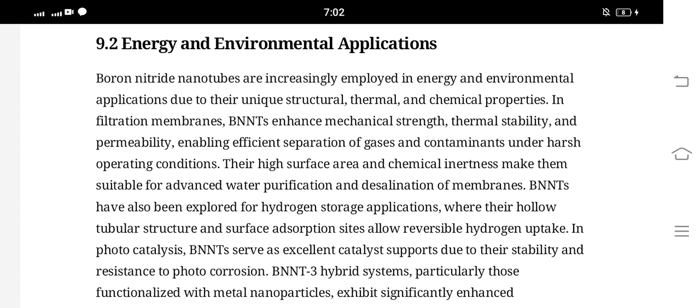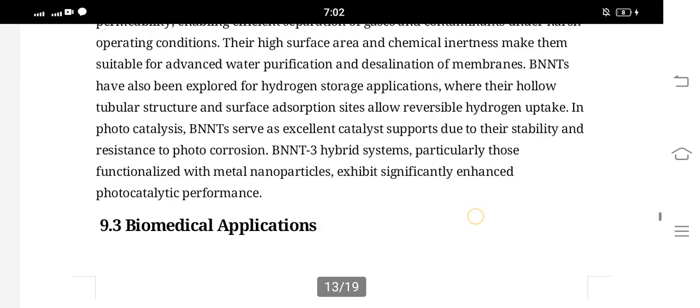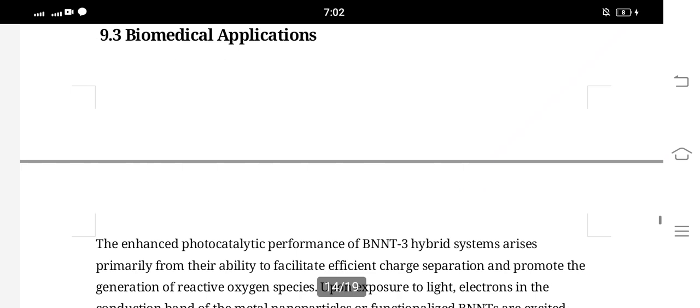Their hollow tubular structure, high surface area, and chemical inertness enhance filtration efficiency and durability. Boron nitride nanotube 3 hybrid systems, especially metal decorated variants, show significantly enhanced photocatalytic performance, making them suitable for pollutant degradation and environmental remediation. Next, their application is biomedical.